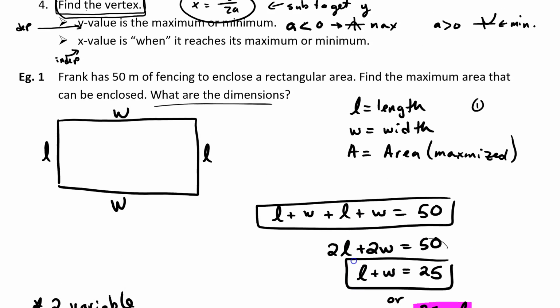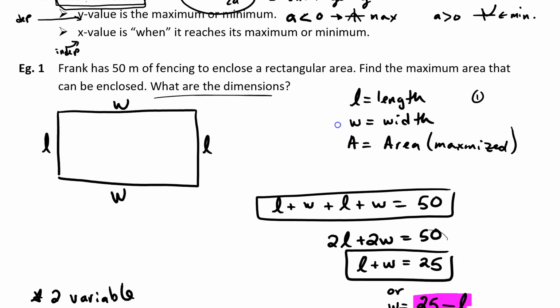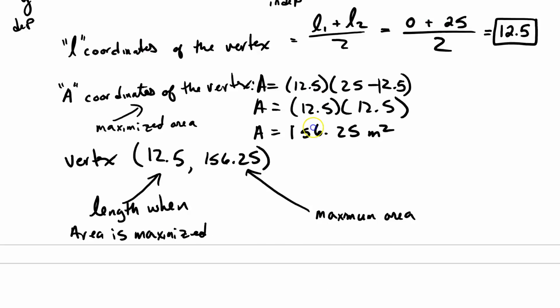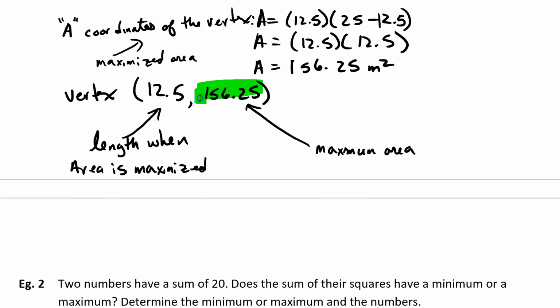So let's look at the question again. Find the maximum area that can be enclosed. Well, my friends, this is the maximum area that can be enclosed. And what are the dimensions?